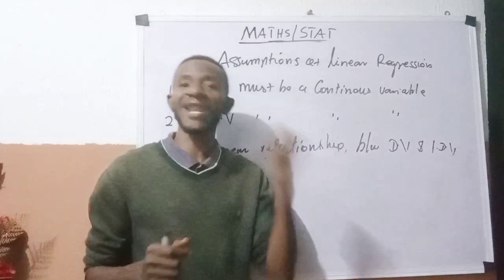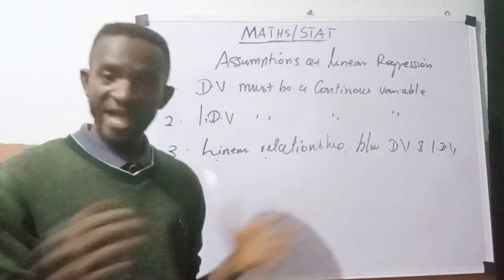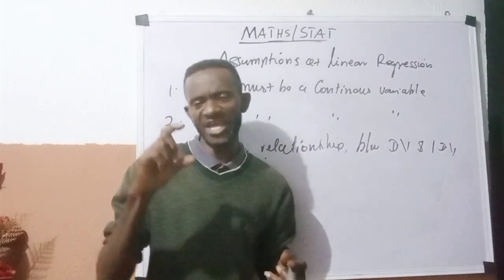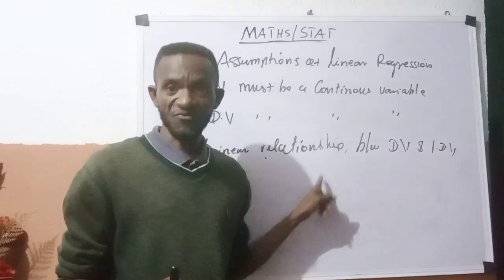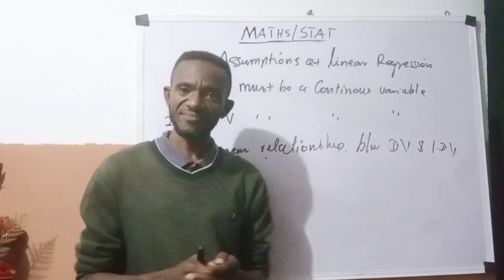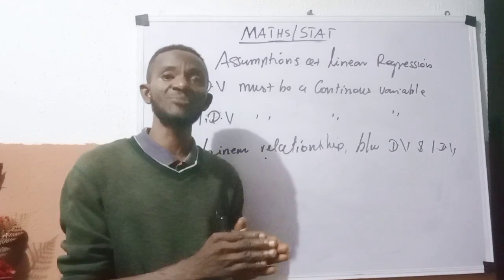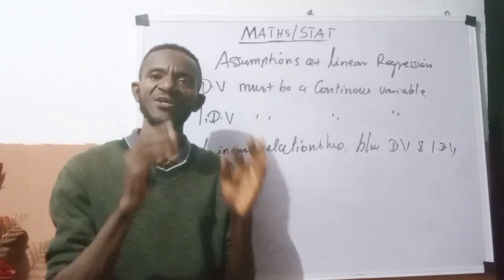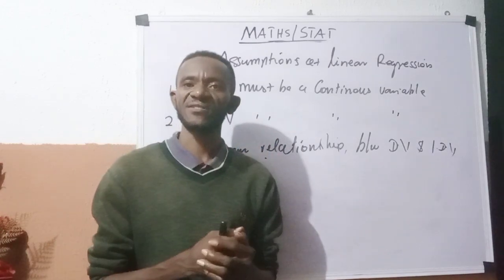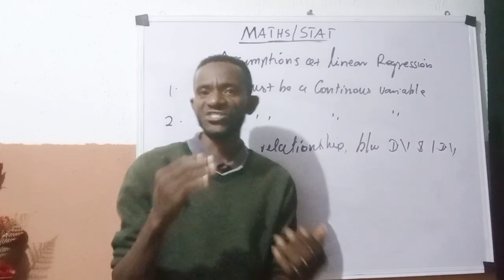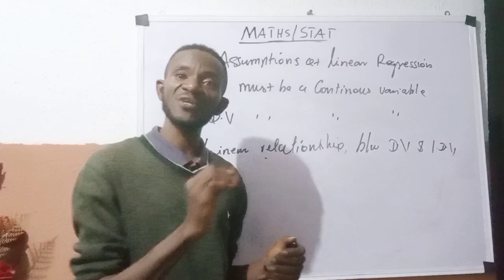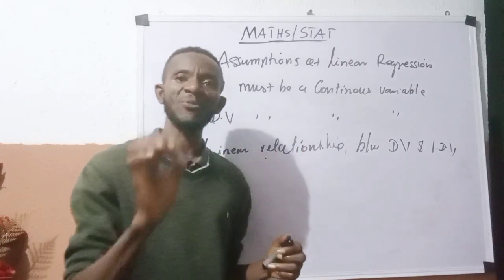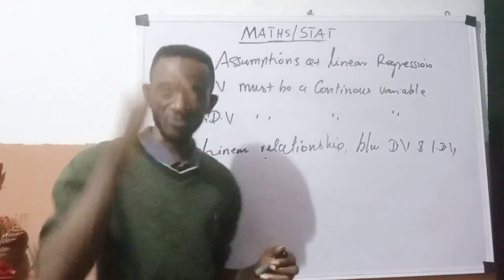And then the last assumption says that we should check whether our error term from the regression model is going to be normally distributed or approximately normally distributed, or what we say, checking whether the residuals are normally distributed or approximately normally distributed.